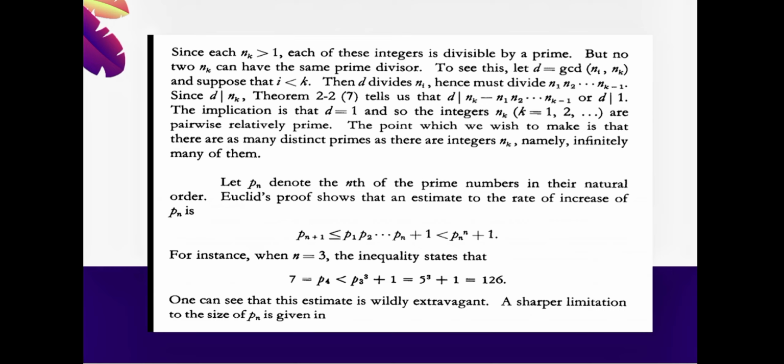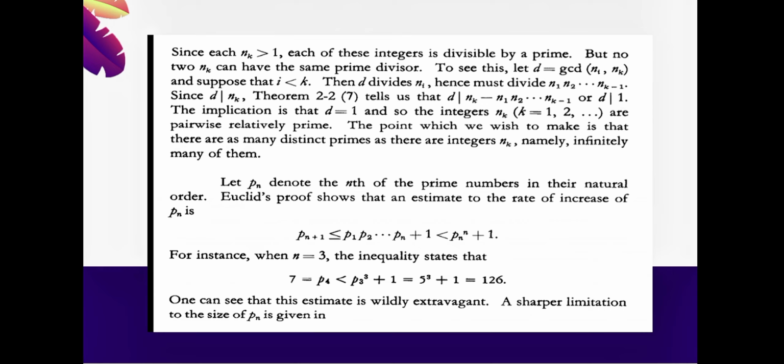And since d divides n sub k, according to the theorem d divides the difference n sub k minus n sub 1 n sub 2 up to n sub k minus 1.